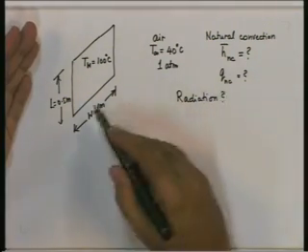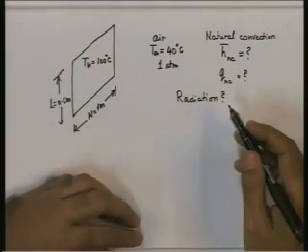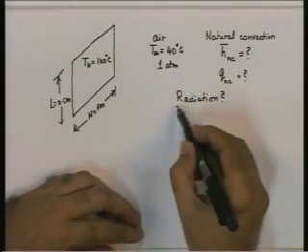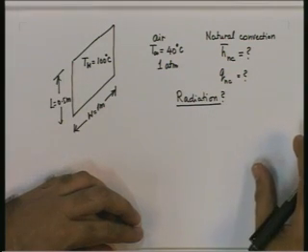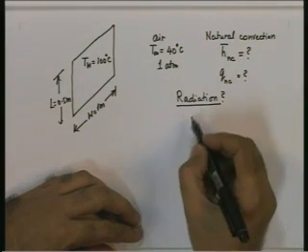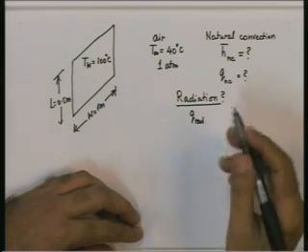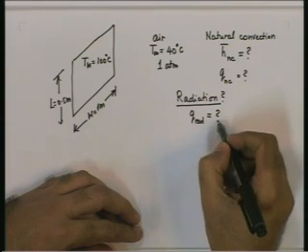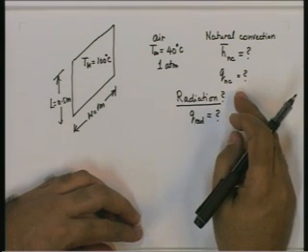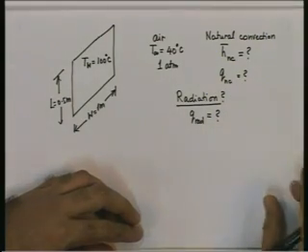Because when a surface is exposed to a fluid and maybe there are other surfaces surrounding it, in the second part of the problem we will study the effect of radiation also. We would like to know what is the likely heat transfer by radiation, and is it significant or insignificant compared to the heat transfer by natural convection.